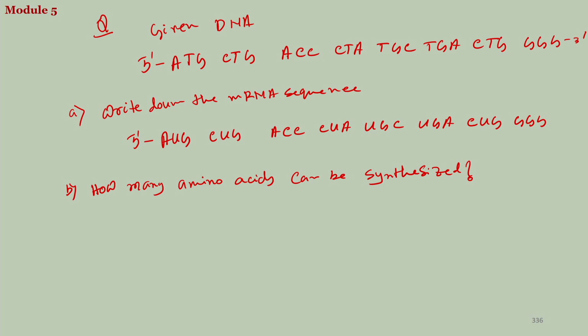So, how many codons do you have? You have 1, 2, 3, 4, 5, 6, 7, 8. You have 8 codons. Would it synthesize 8 amino acids? Actually, if you look carefully, no, because I have included a stop codon here.